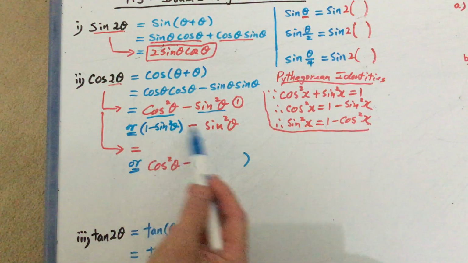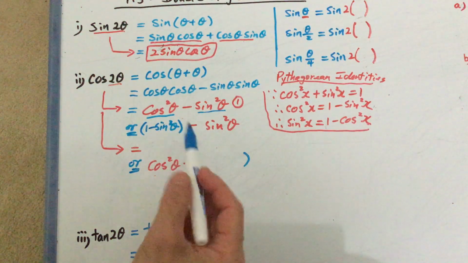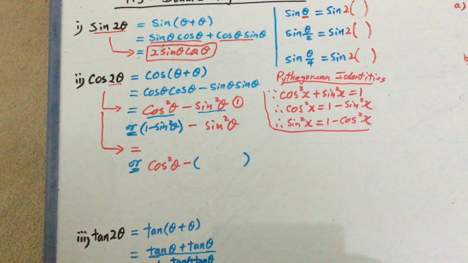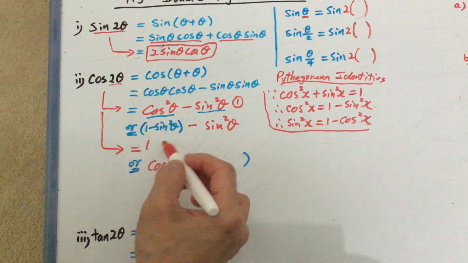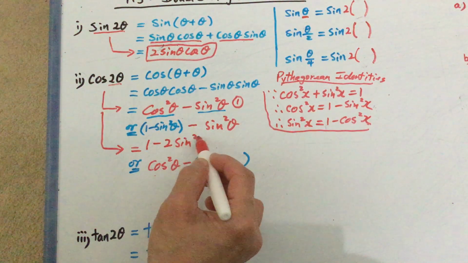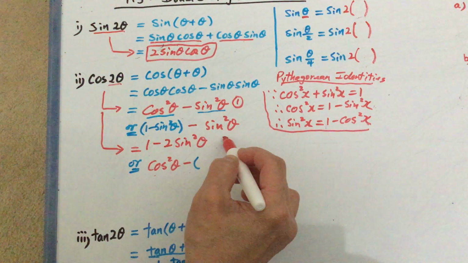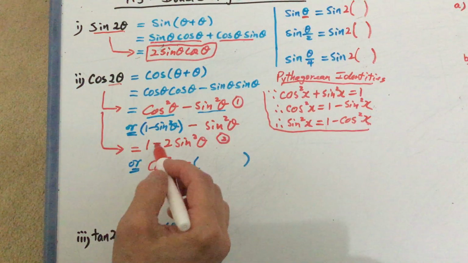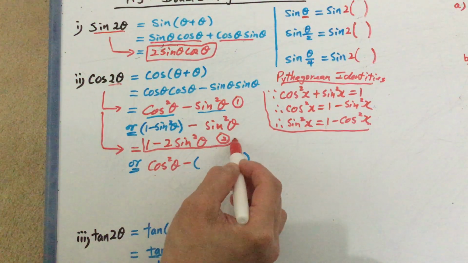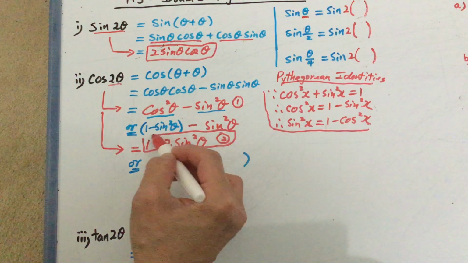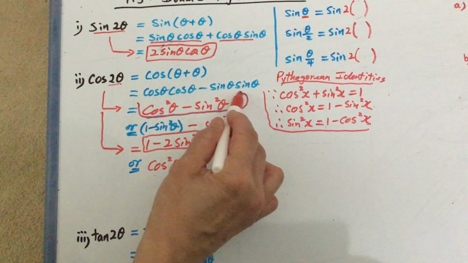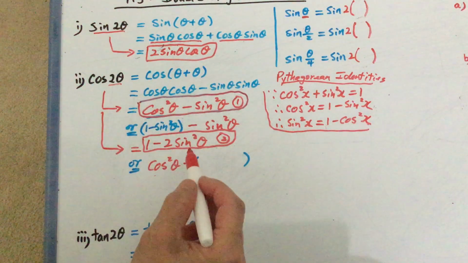When you remove the bracket, you will end up with like terms, and you will get 1 minus 2 sine squared theta. This will give you the second double angle formula for cosine. Let me just circle this. This is the main one, this is the first one, this is the second one.